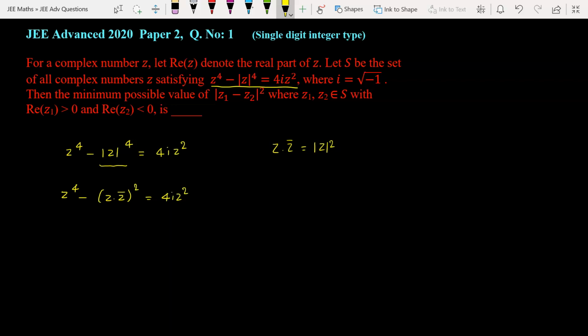The reason for doing this is that we can take z square common from all the terms, so it gets further simplified. So z power 4 minus z z bar whole square minus 4 iota z square is equal to 0. Taking z square common, we have z square times z square minus z bar square minus 4 iota is equal to 0.